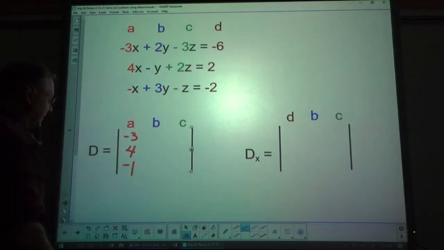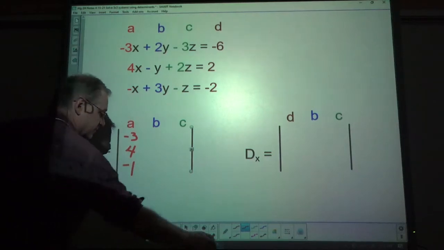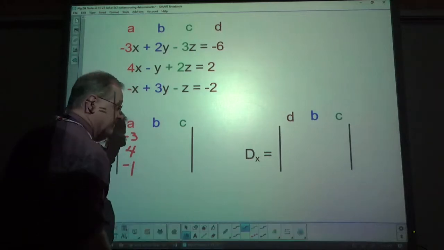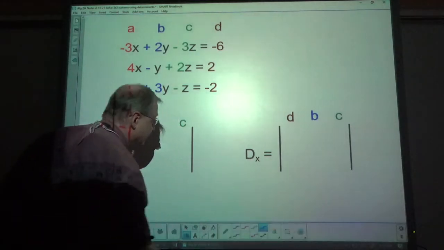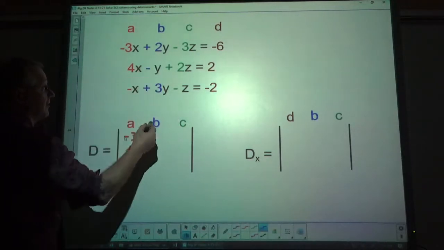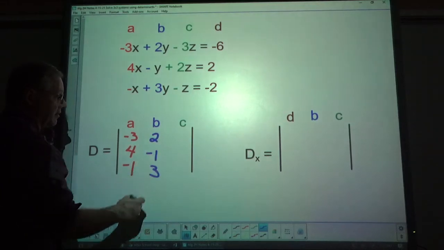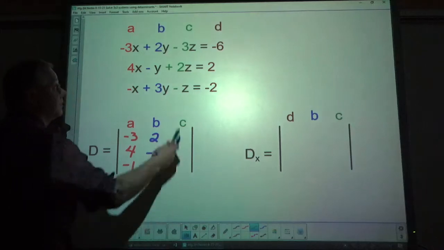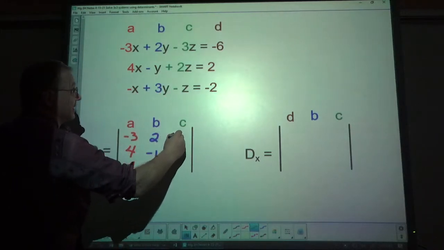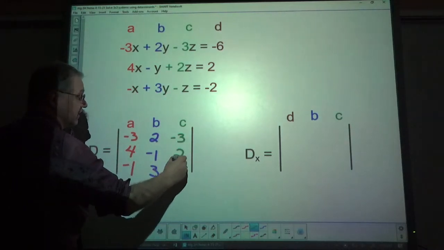It's understood to be a 1 there. So there's my list. My second list is the B column, which is 2, -1, 3. And third is C, which is -3, 2, -1.